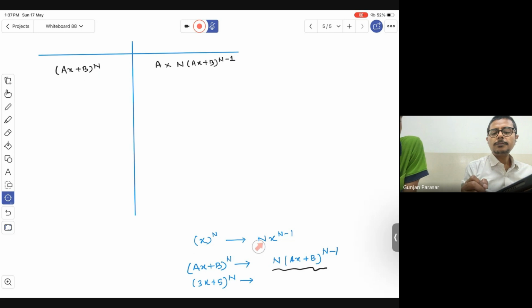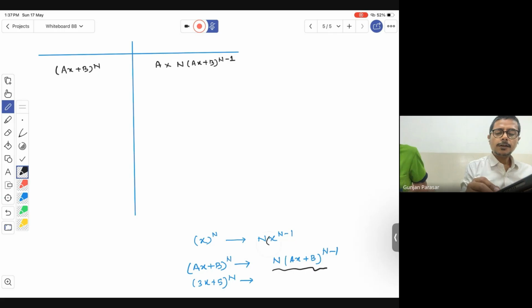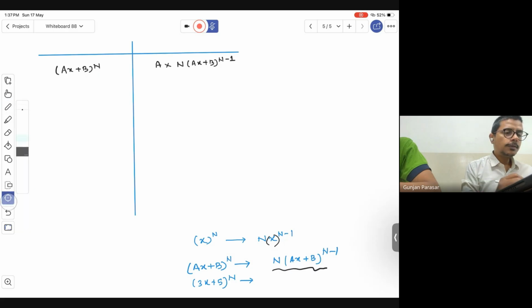The bracket is multiplied by n, and the power of the bracket is reduced by 1. So the same thing I have done here also: multiplied by n, power of the bracket reduced by 1. The extra thing you have to remember is you multiply it with the coefficient of the variable term here, that is x.